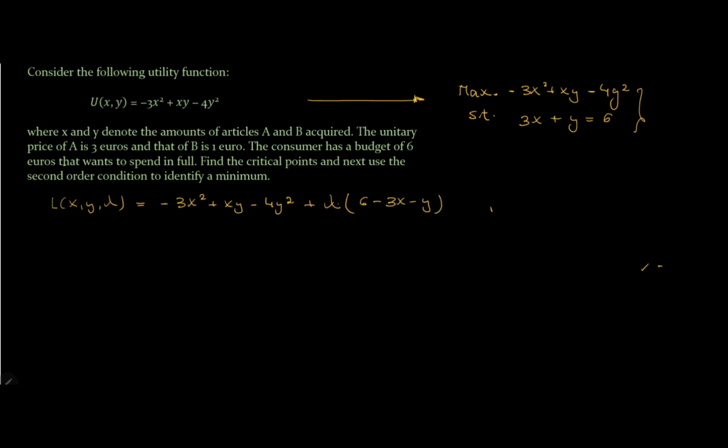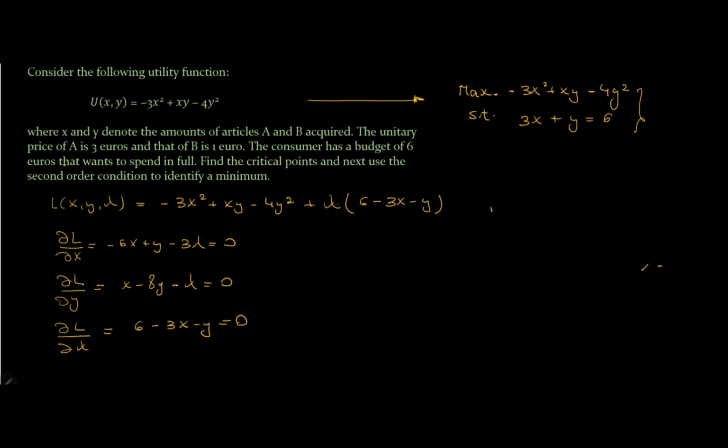So that's the Lagrange function, and now the partial derivative of the Lagrange function according to x is minus 6x plus y minus 3 lambda equals 0. The partial derivative according to y is x minus 8y minus lambda equals 0, and the partial derivative according to lambda is 6 minus 3x minus y equals 0.